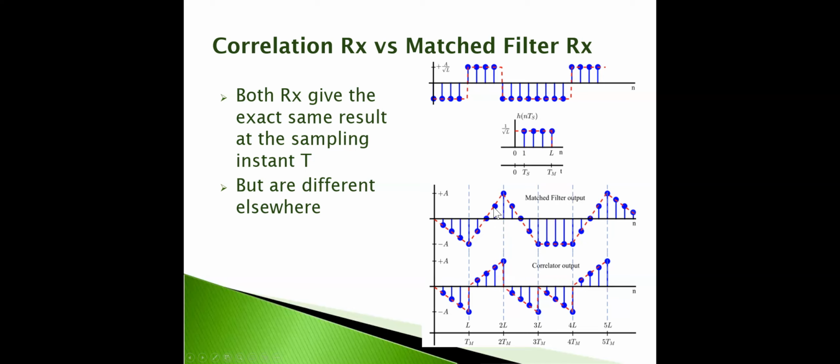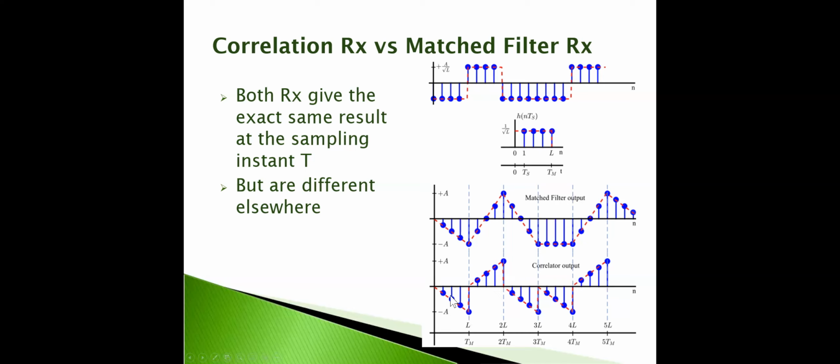And on this next pulse, you see that we're overlapping positive values. So we're going to reach a maximum there, right? When the symbols are overlapping. So the correlator output is different, okay?